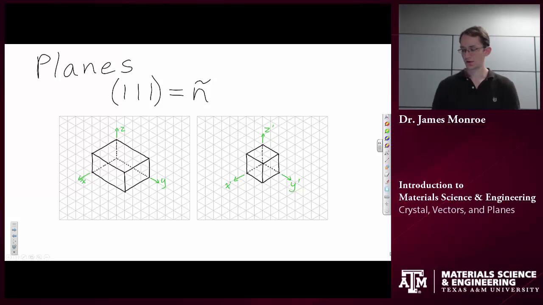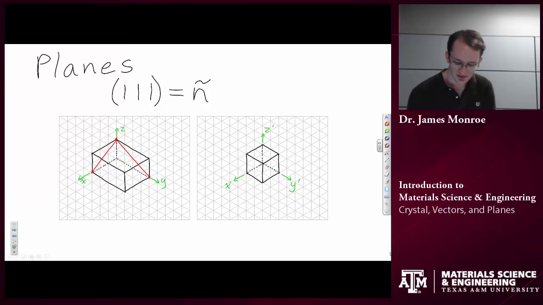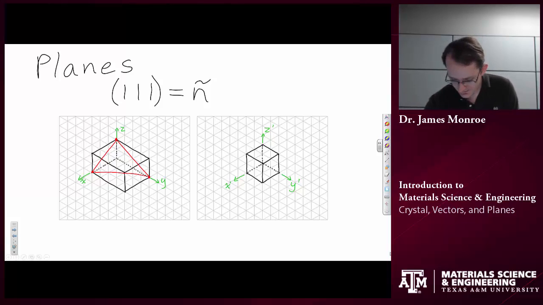This is fairly simple to do, and we can easily see that in the orthorhombic system it will intersect the x-axis at 1, the y-axis at 1, and the z-axis at 1. Now remember, this is 1 unit cell edge length, very similar to the vectors. It's not 1 angstrom, it's 1 unit cell edge length. And therefore, the 1, 1, 1 plane in the orthorhombic system will look like this.